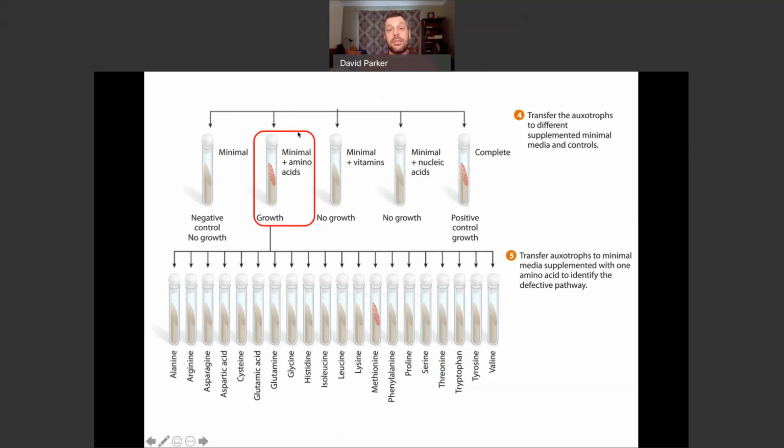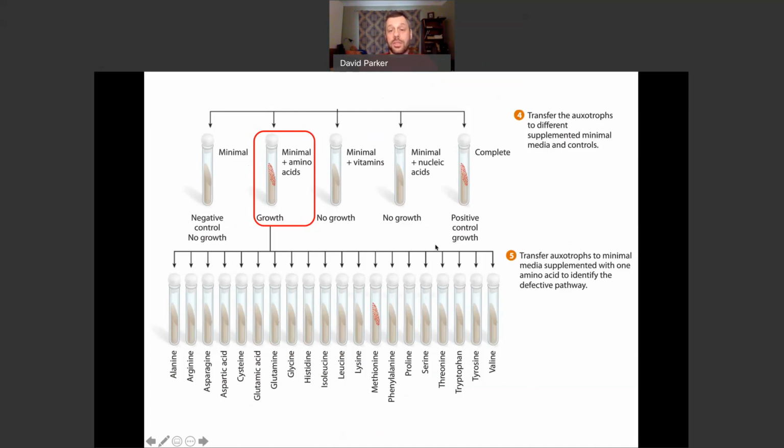So these results suggest that this mutant won't grow on minimal media because it's lacking one of the amino acids, because it can't make one of those amino acids. Of course, we could add each individual amino acid to the media and see which one it requires for growth.